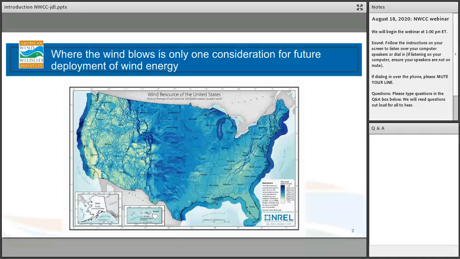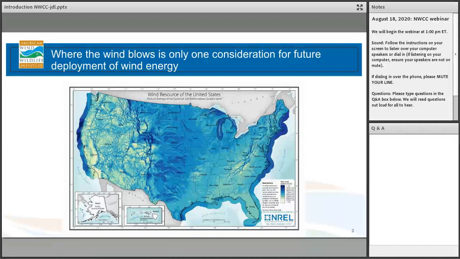And probably no matter the precise future that each of us envisions for wind energy, I think we all also appreciate that achieving that vision and understanding its implications, both for people and for nature, would be pretty straightforward if all we had to worry about were simple physical constraints, like let's say wind speed. You can see on your screen here a wind speed map produced by NREL, and if that's all that we had to worry about, things would be easy, but of course it isn't that simple.